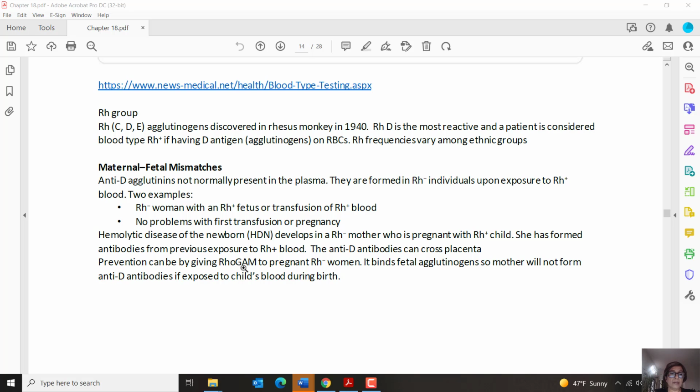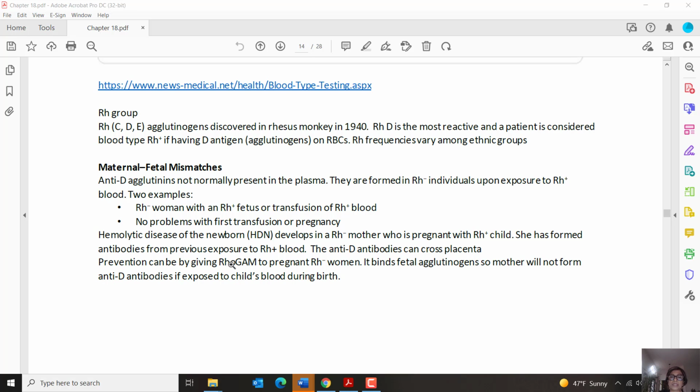Prevention is done. Of course, we have something called RhoGAM, which is given as soon as the mother is tested Rh negative and has an Rh positive baby. They're given anti-antibodies to kill the antibodies that the mother is producing. That prevents any number of pregnancies from being miscarried.